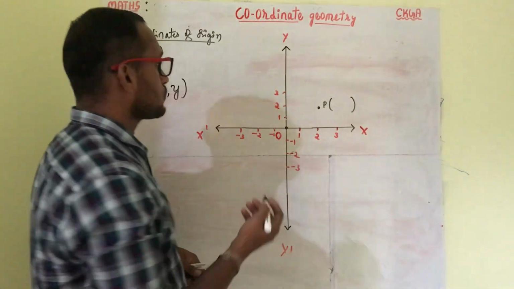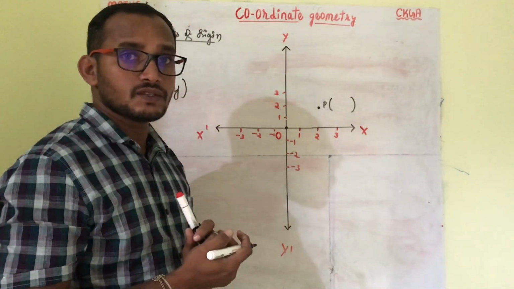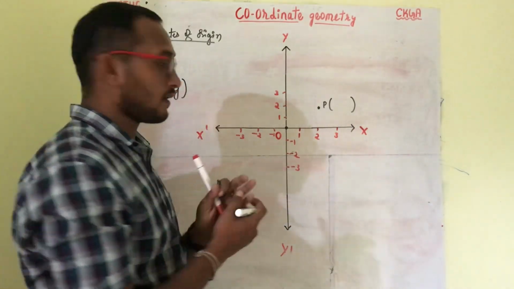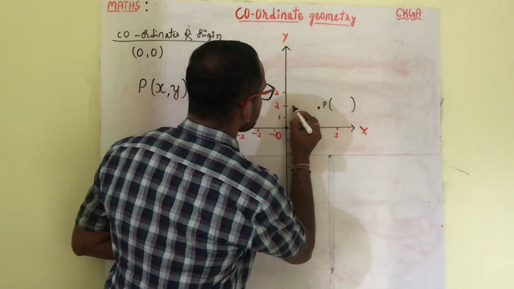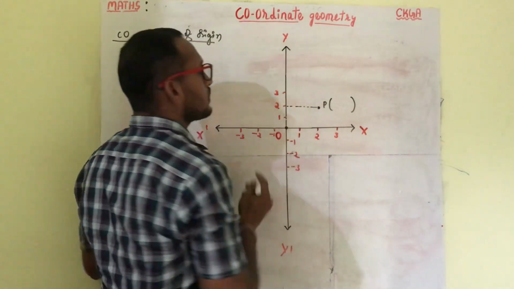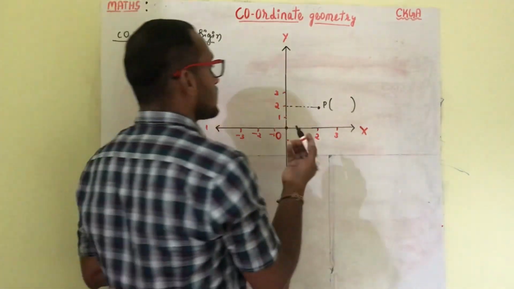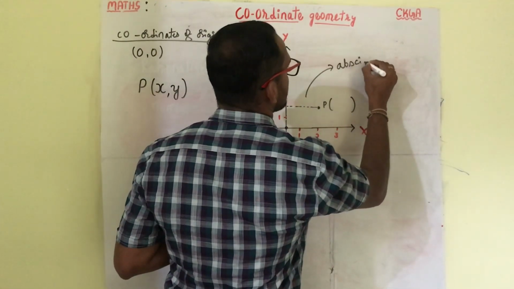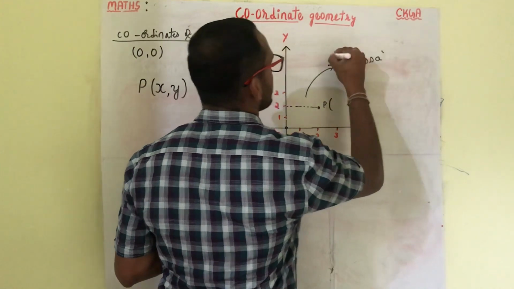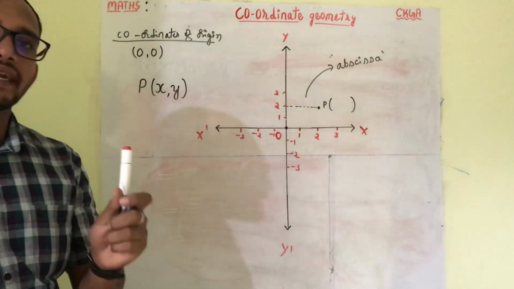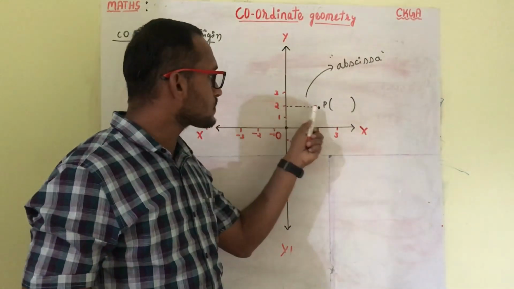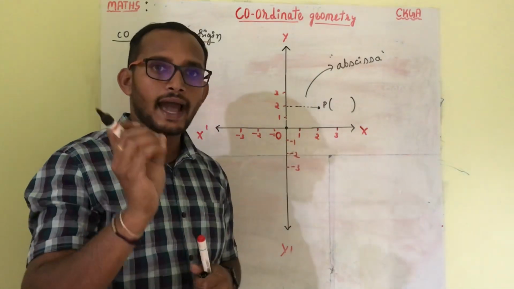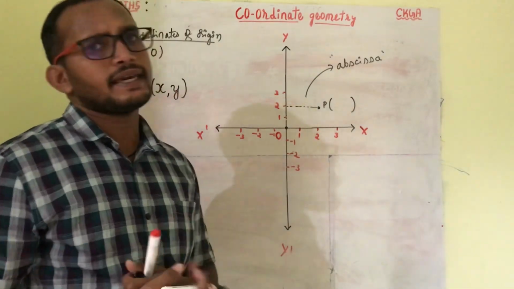First, I'll consider the distance from the y-axis. It's the perpendicular distance from the y-axis. This distance is called the abscissa. You already learnt it. So the perpendicular distance from the y-axis to a given point is called the abscissa, or simply the x coordinate.